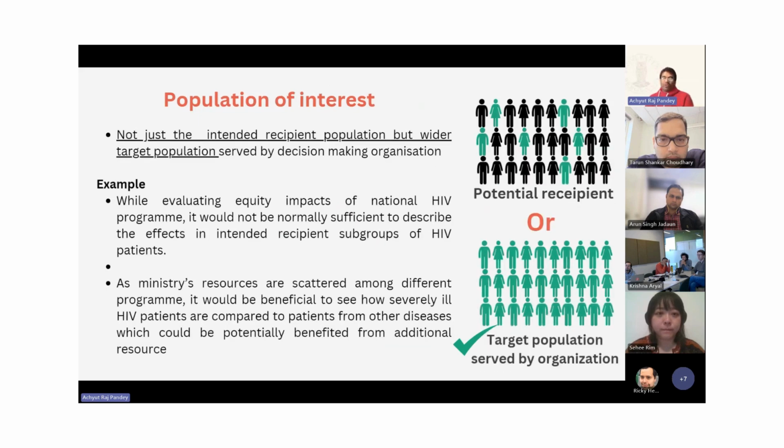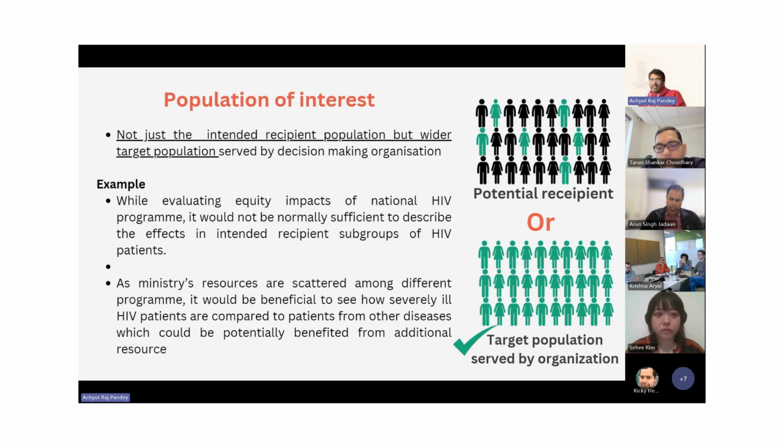So we discussed two approaches in quantifying the equity impacts. Another concern that comes to mind is the population of interest. Which populations should we consider while analyzing equity? Not just the intended recipient population, but the overall target population that is served by the organization or the ministry or the department should be considered in equity analysis. For example, if we have a national HIV program, then it is not normally sufficient to describe the effects of the intervention among the recipient subgroup of HIV positive patients.